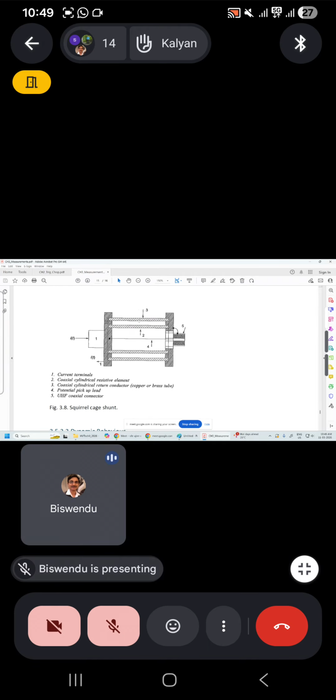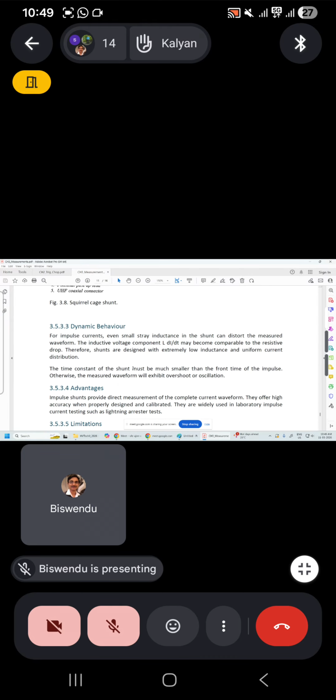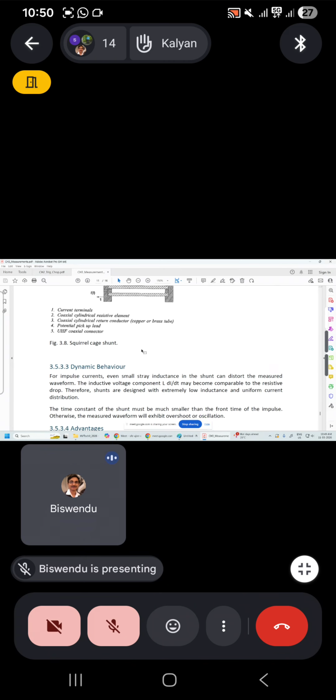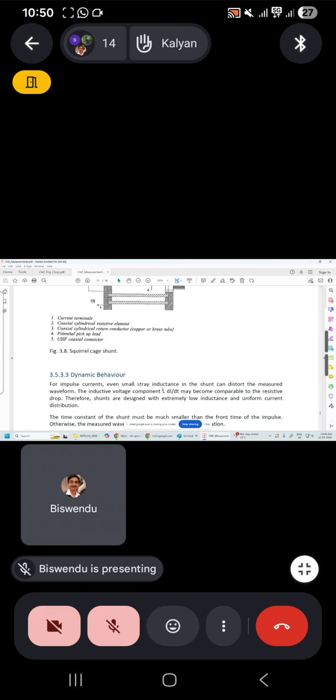So the pure resistive shunt can be made. For impulse current, even small stray inductance in the shunt can distort the measured waveform. So it is very carefully constructed. This is the non-inductive method of squirrel cage shunt.